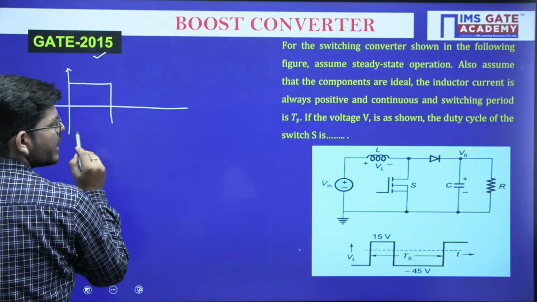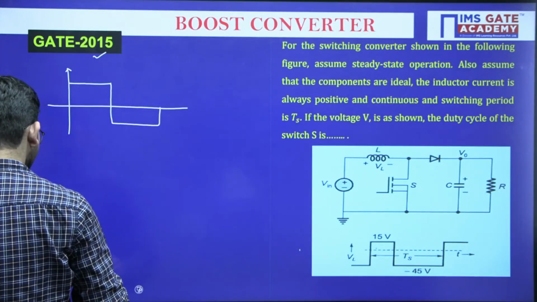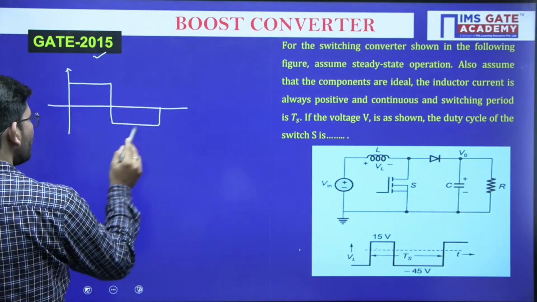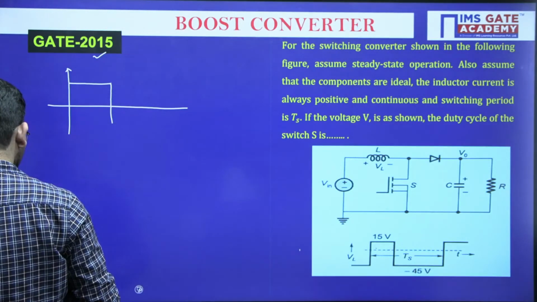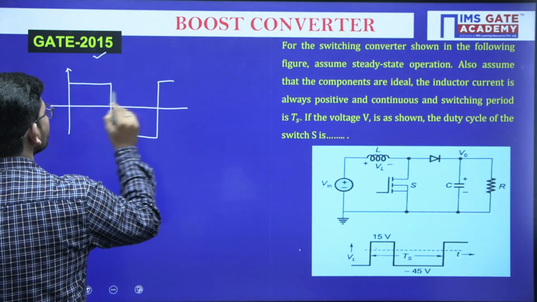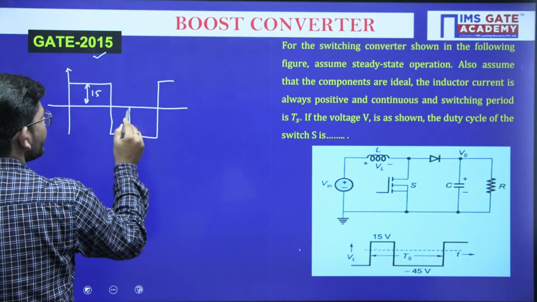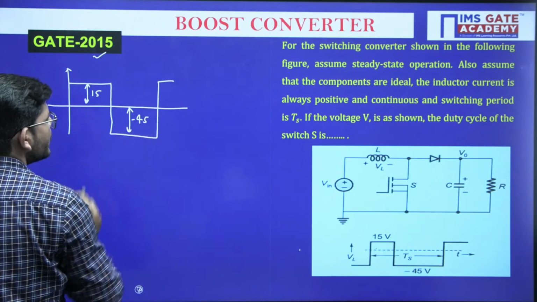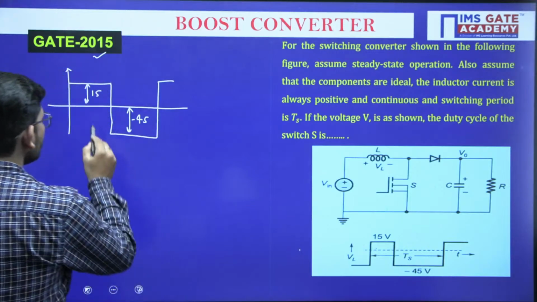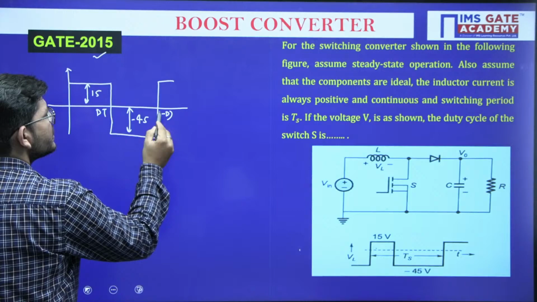During the off period, it is minus 45 volt. This is what is given to us. This on time will be dT and the off time will be (1 minus d)T.